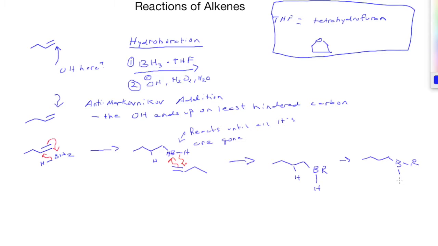R, I'm running out of room, so remember R is our chain. Okay, so here's our chain, and this is what's going to happen. Now, this is the first part of the reaction, okay? The first part of the reaction is done, and so now we need to move to number 2, the second part of our reaction.